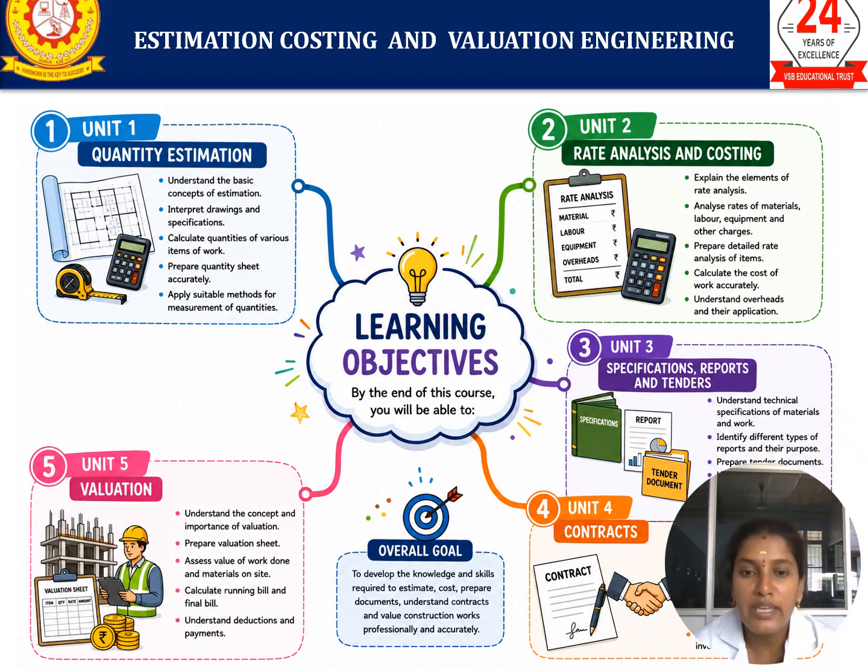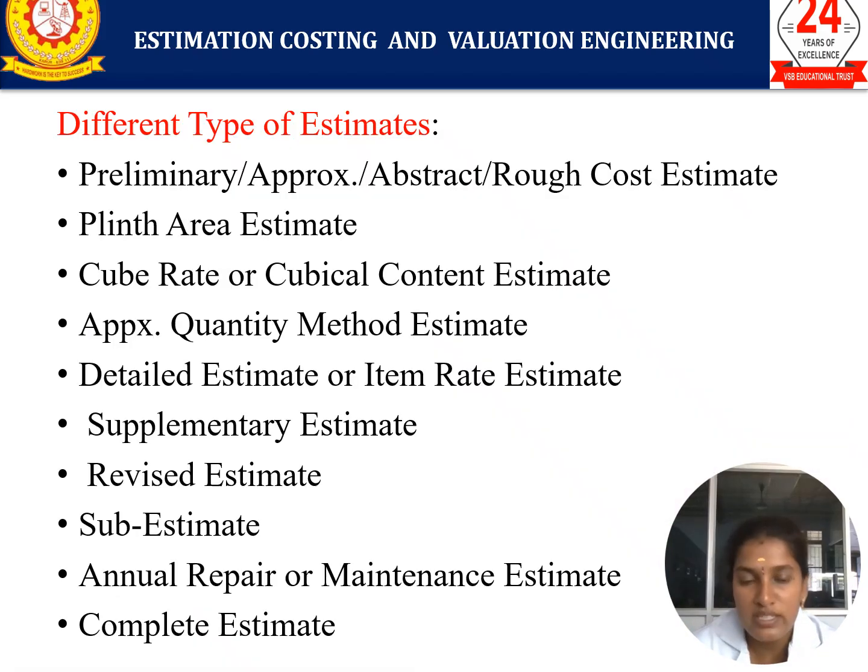First, these are the main learning objectives. While studying unit 1, quantity estimation, we will understand the basic concepts of estimation and the calculation of the different quantities of material used in buildings, roadways and so on.